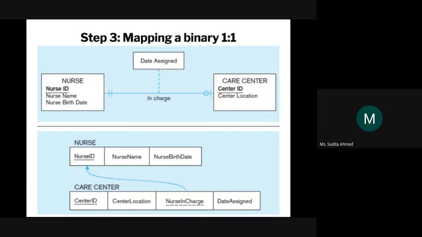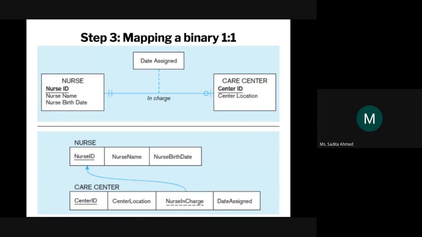But যদি দুই সাইডে optional থাকে, yes there may be null values but can you avoid it? No, you cannot. দুই সাইডে optional, so it doesn't matter. All right, when it's optional one to optional one, it doesn't matter where you place the foreign key. যে কোনো একটাতে রাখলেই চলবে, but only one.